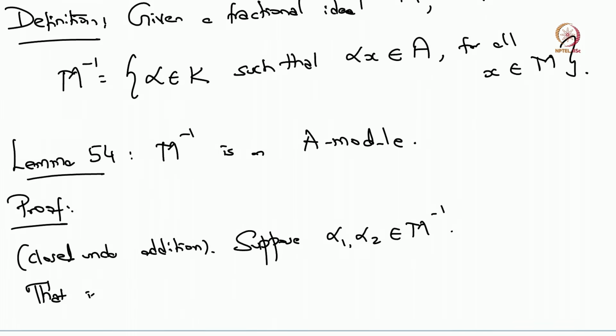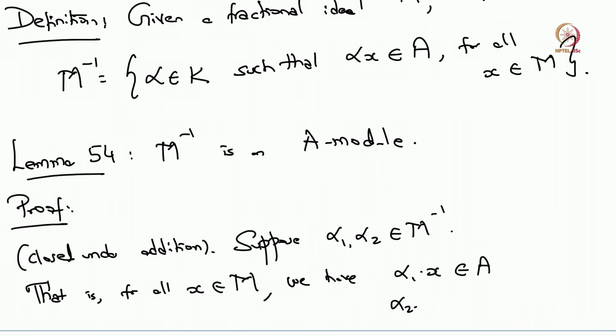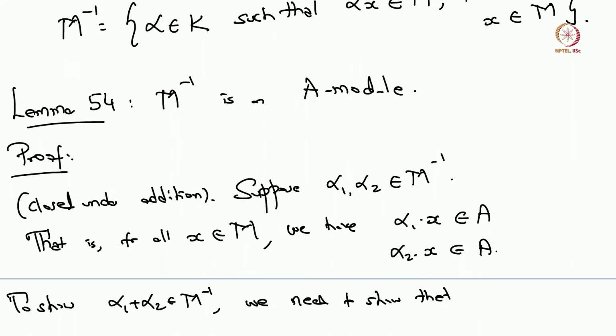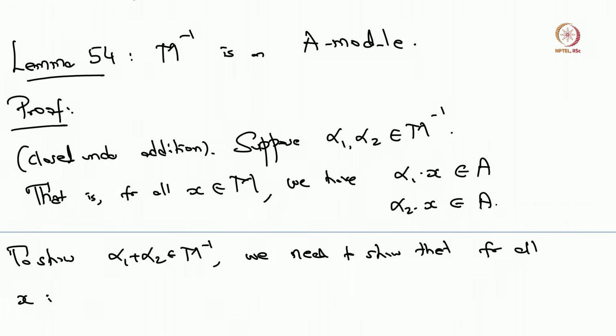By definition, it means that for all little x in M, we have alpha 1 times x is in A and alpha 2 times x is in A. And so to show alpha 1 plus alpha 2 is in the set M inverse, what do we need to show? We need to show that for all x in M, we have alpha 1 plus alpha 2 times x also belongs to A.